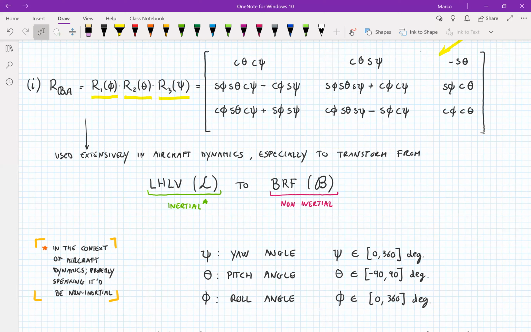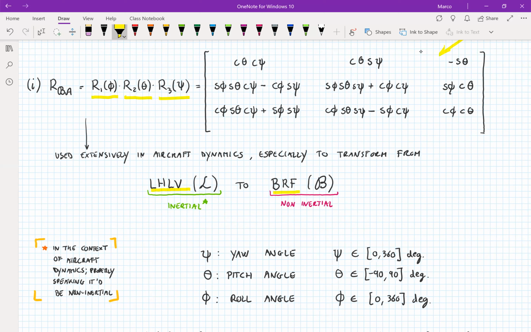So you should get very familiar with this matrix because it is used a lot, especially when we want to transform from the local horizon, local vertical reference frame, the LHLV reference frame that we saw last time, to the body reference frame.